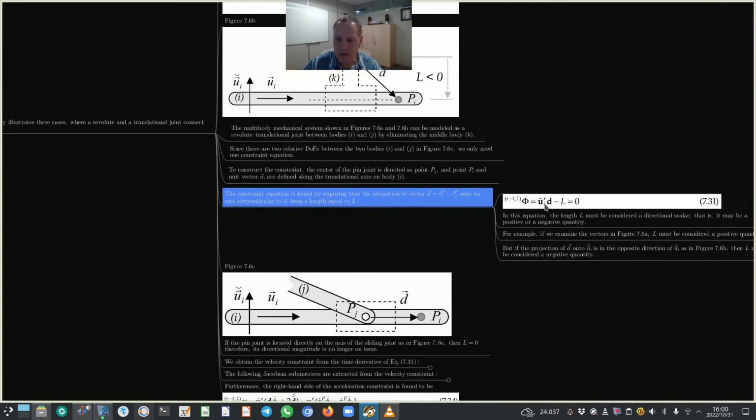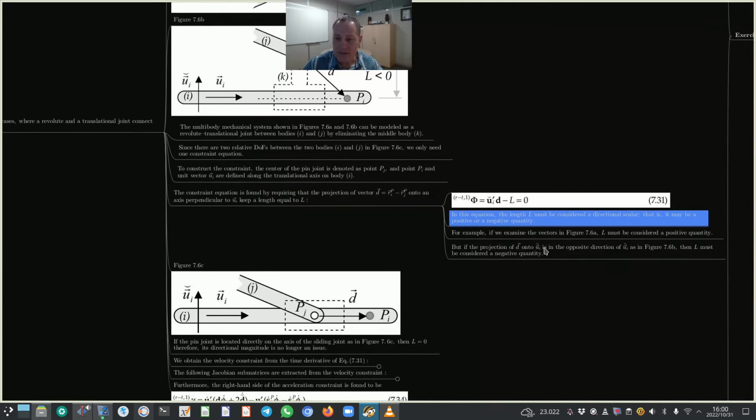So ui rotated transpose multiplied by d minus L needs to be 0. Alright, so all that is to say that the cross product between ui and the vector d minus the distance L must be 0. That's all it's saying in this equation 731.